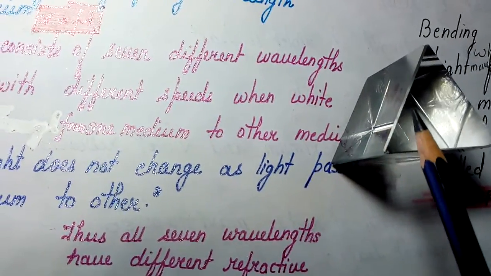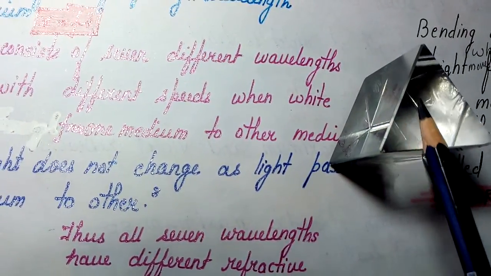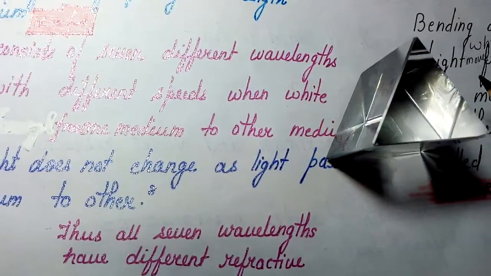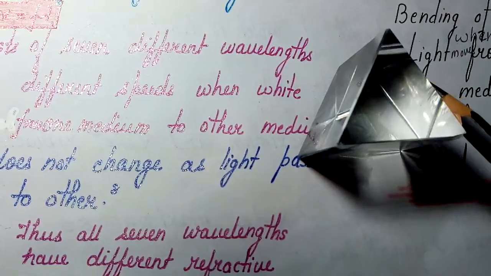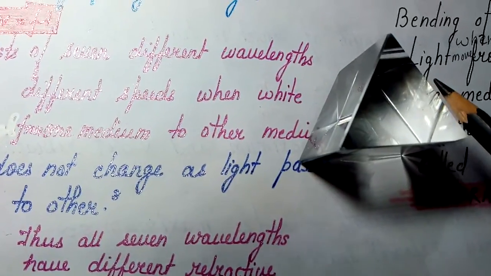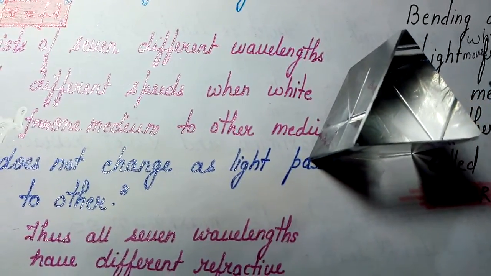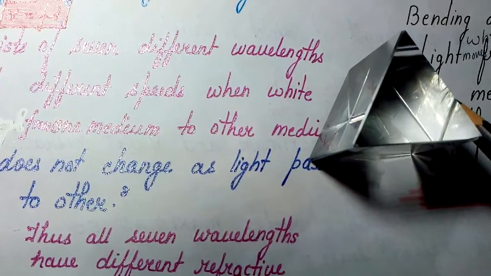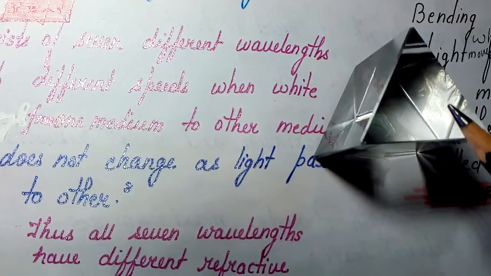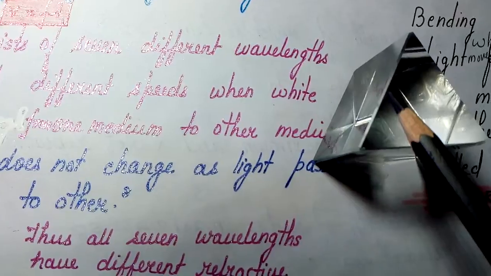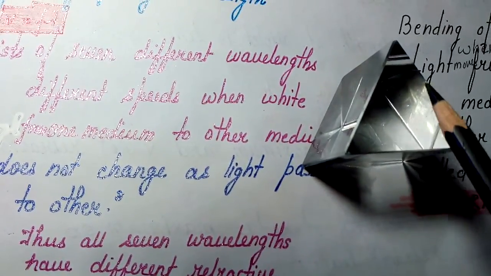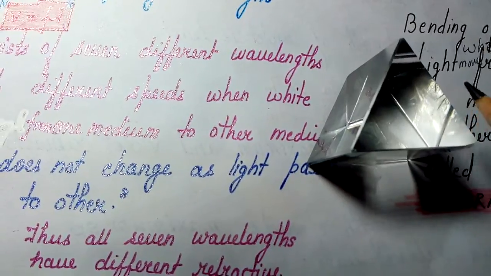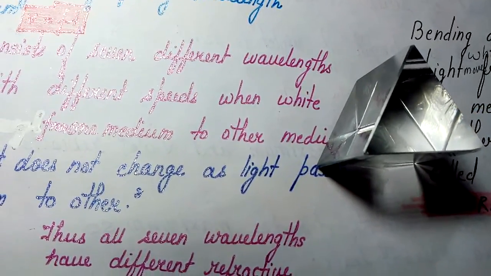This white light enters the glass prism and exits from this surface, right? Now from this surface, when white light exits, it splits into 7 colors. Splitting starts in this surface only, and that splitting increases when light exits from this surface.